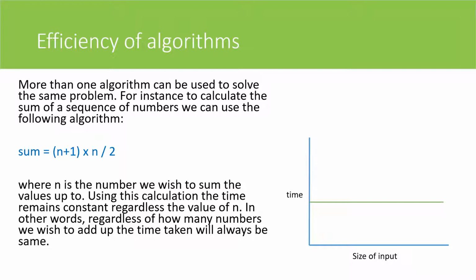Regardless of how big our value of n is, we just use this equation, and the calculation in our algorithm is going to take the same amount of time. So regardless of how many numbers we're inputting, the time taken is going to be constant.